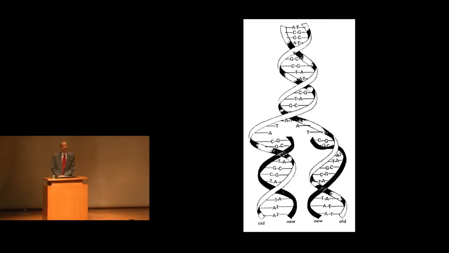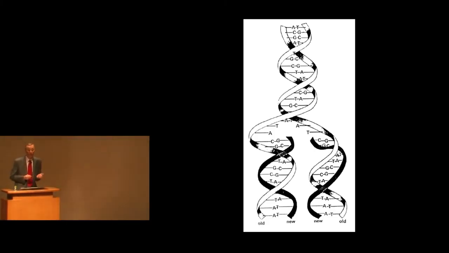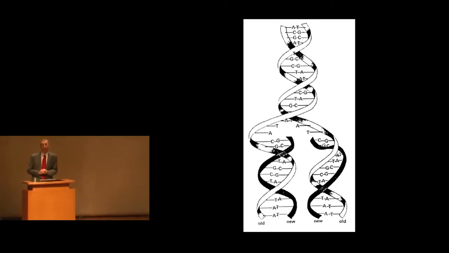So what I wanted to begin with then is to remind you about what you all already know, namely that our genetic information is stored in the form of DNA, this famous double helical molecule.